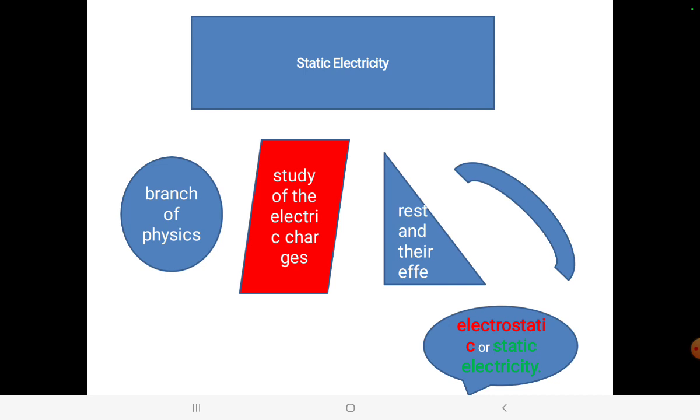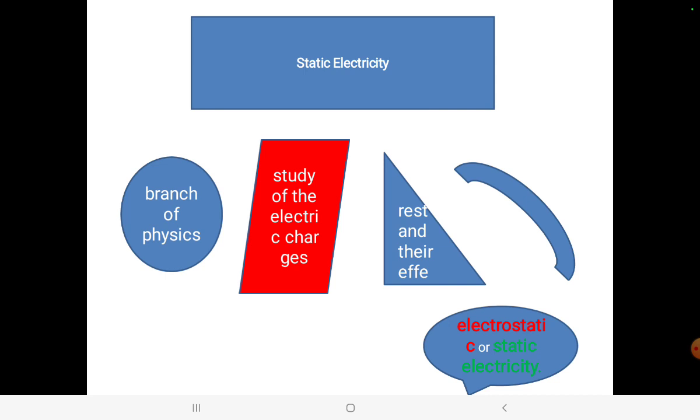Then we can say that it is static, that is in rest position, in a neutral position. That means we have to study the charges which are in the rest position. The study of rest position charges is known as static electricity.